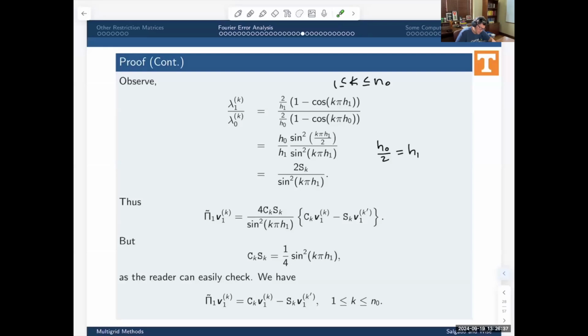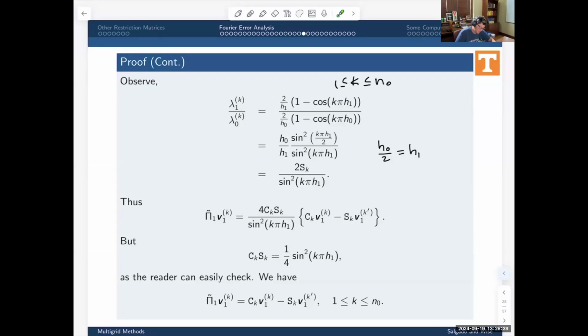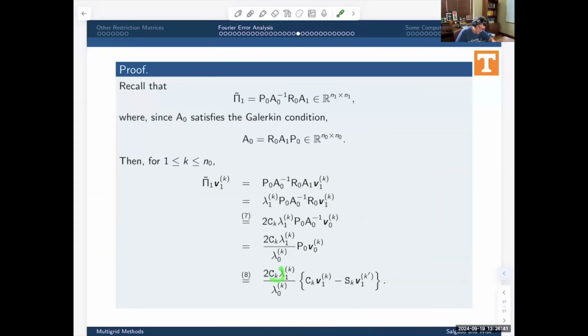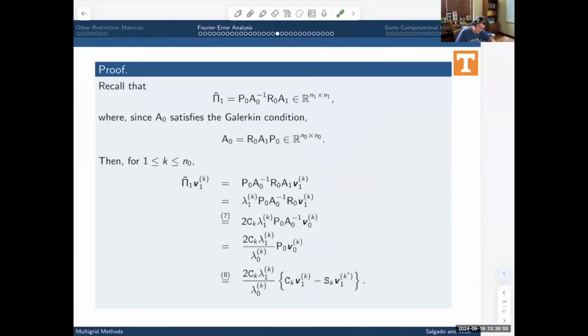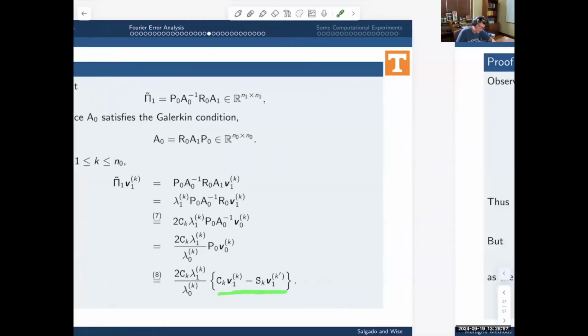So for my first term, let's see, where does this guy come from? I have this ck out in front. I've just found this ratio. So I get 4ck sk coming from that, over sine squared k pi h1, times what I had just from the brackets previously.